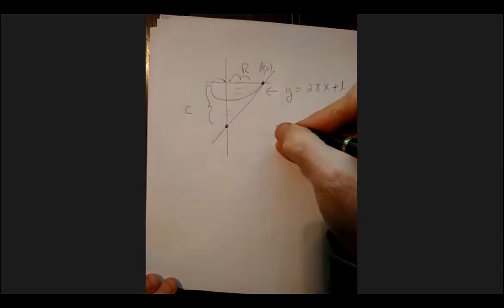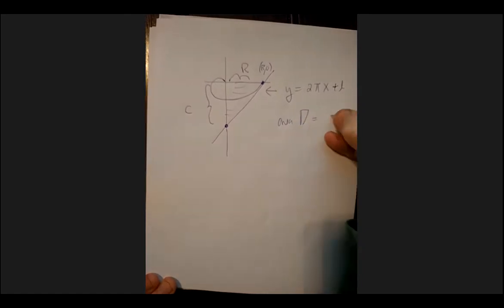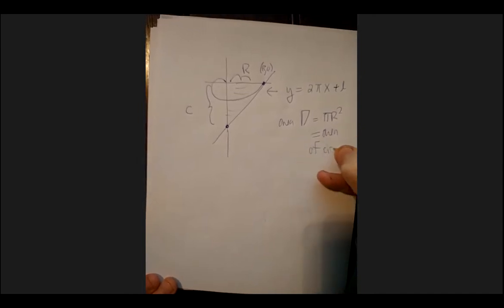And so that shaded triangle would be equal to πr squared, the area of the circle. That's where you want to end up.